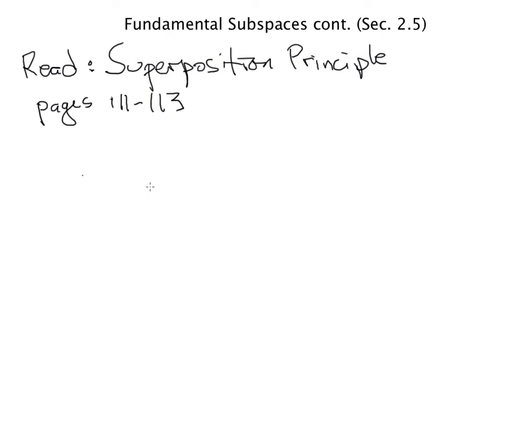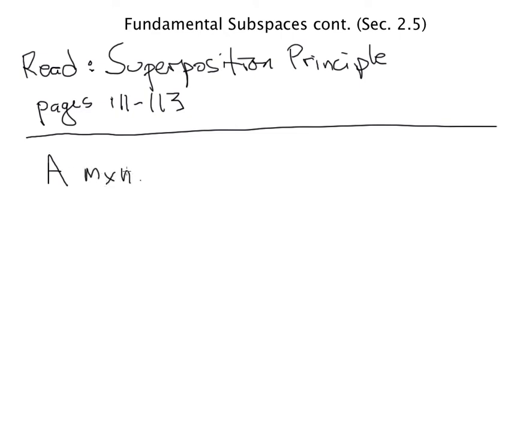So let me remind you where we were. We were talking about the situation where A is an m by n matrix, and we think of A as being a function that takes Rn to Rm.